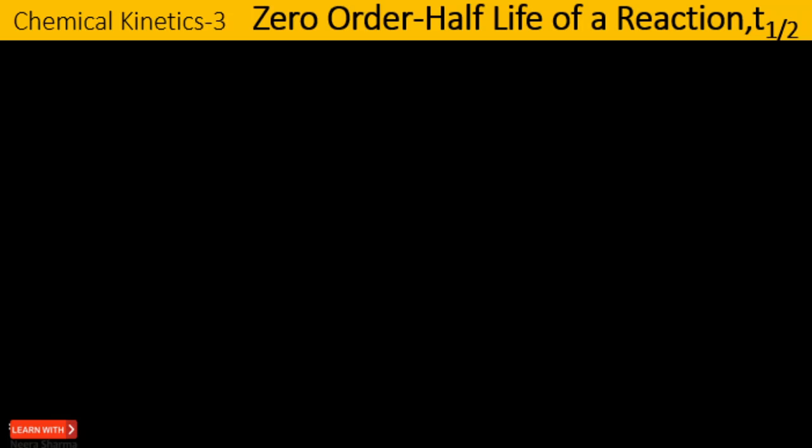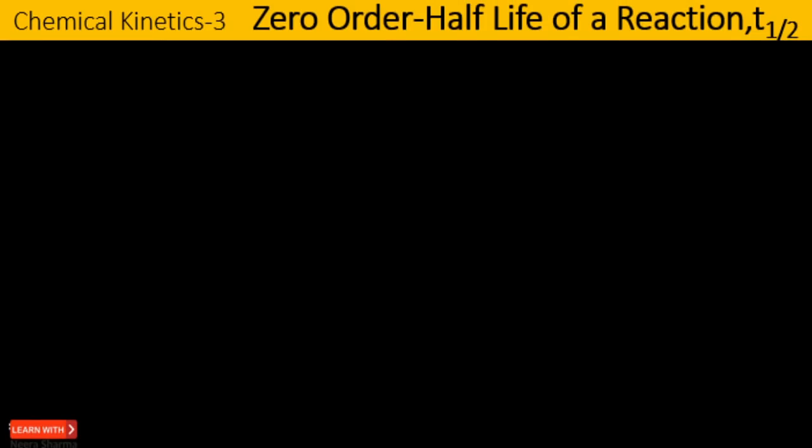Half-life is the time required for half of the reactants to form products. And what is the integrated rate law of a zero order reaction? It is K is equal to A naught minus A by t.